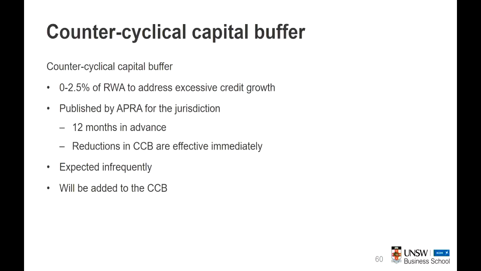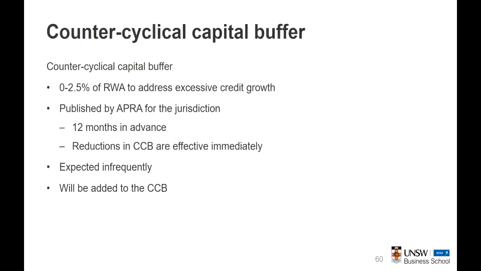The next buffer is the counter-cyclical capital buffer. Unfortunately, they both can be shortened to CCB, so I'm trying not to do that. The counter-cyclical buffer is between 0 and 2.5% as well. What does that mean? We talked about how banks would exacerbate business cycles.